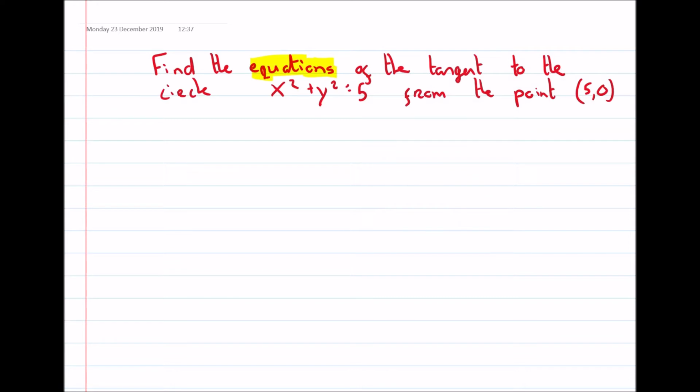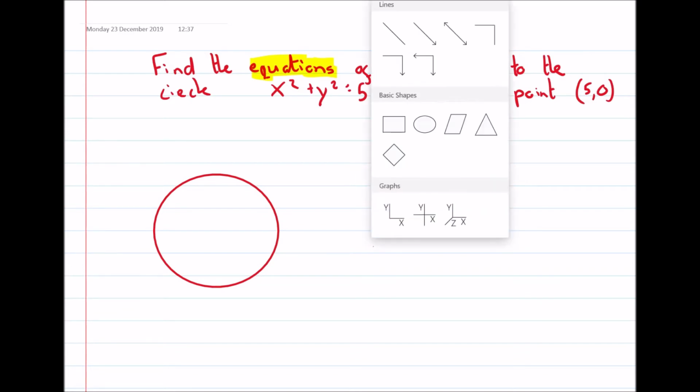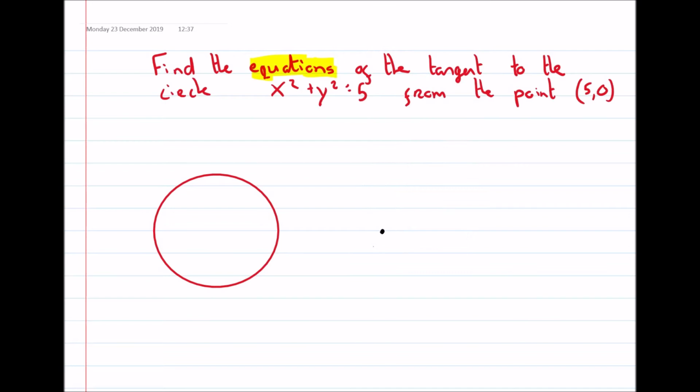Always do a sketch of these. So there's our circle, x squared plus y squared equals 5. Tangent to the circle from point 5, 0, and so point 5, 0 will be, say, out here. And we have two tangents, so here's one. It's going to hit the circle at one place.